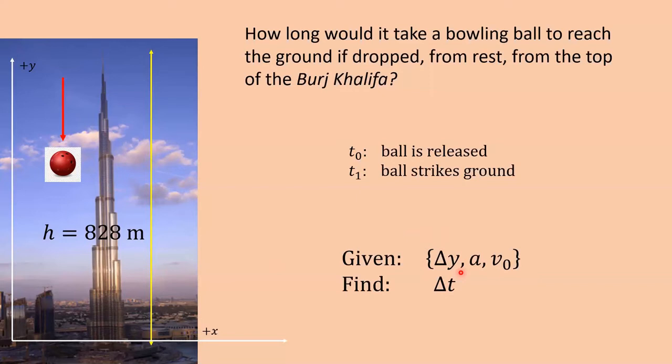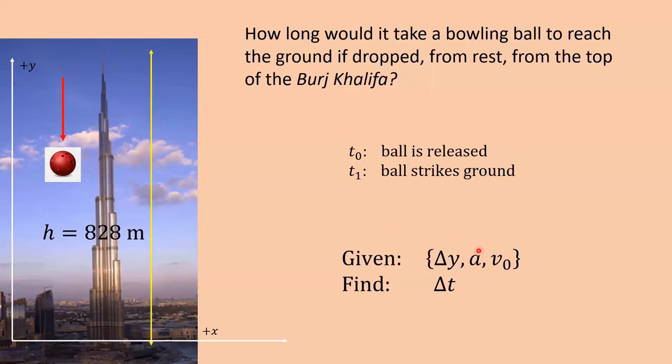It also involves a plus or minus sign. In this case, because I've called up the positive direction, the ball actually suffers a negative displacement. Yes, it moves through a distance of 828 meters, but its displacement precisely is negative 828. That'll really help you set up problems if you remember that displacement has a sign associated with it.